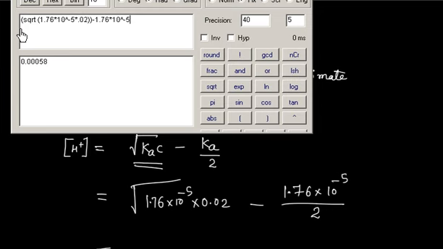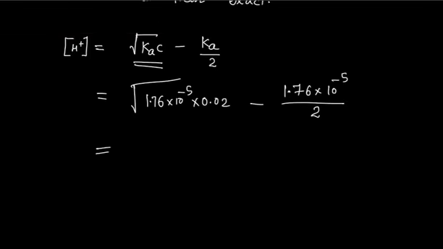So what is this value? This value also comes out to be 0.0058. If I increase the decimal places, let us say to 6, I will have 0.00584. So I can say this is 5.84 into 10 to the power minus 4.